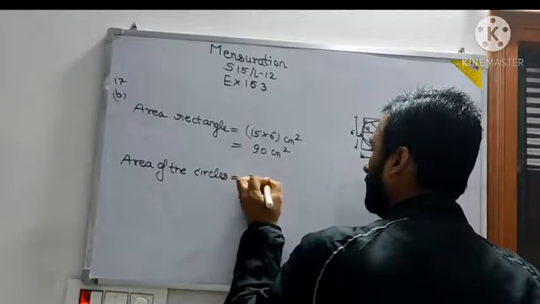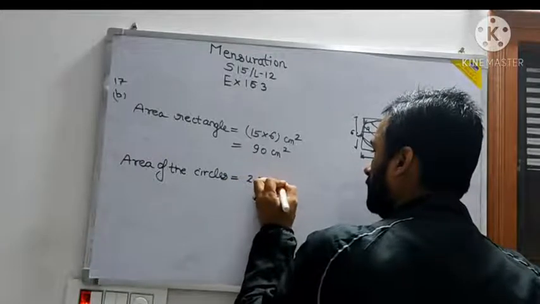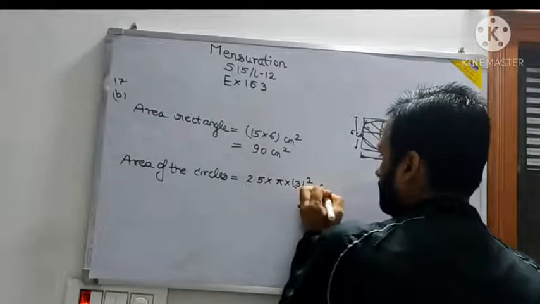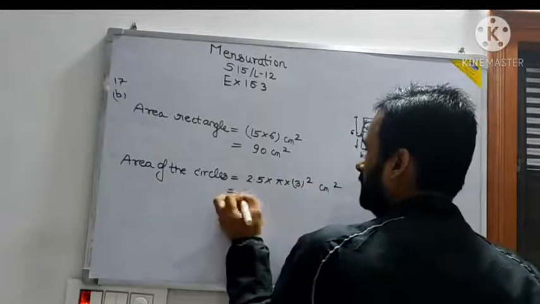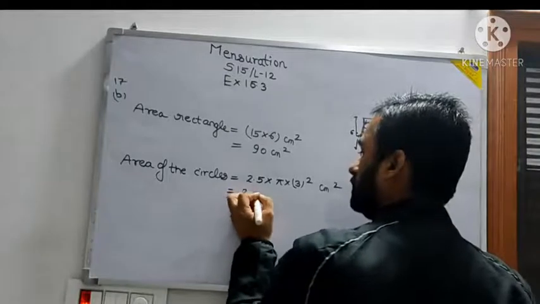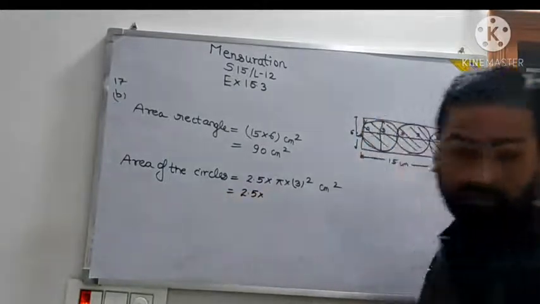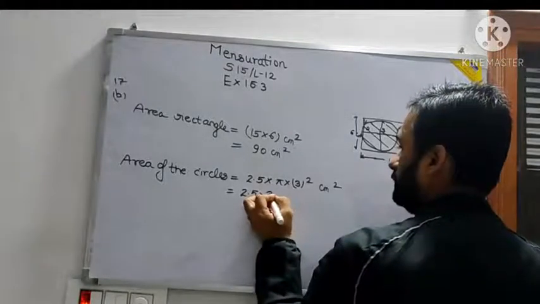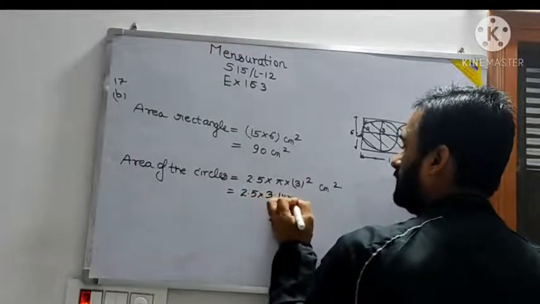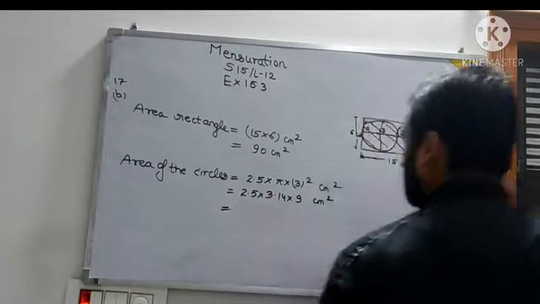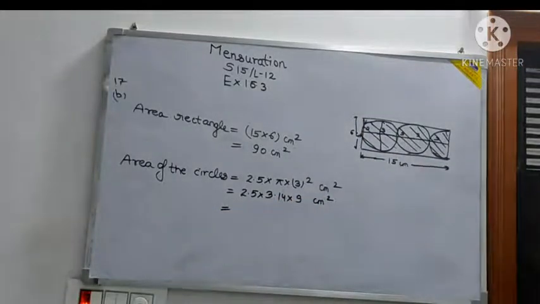Or you can say 2.5 into pi into 3 square centimeter square. That means 2.5 into 3.14 into 9 centimeter square. Some value will come. Let's find the product of this.